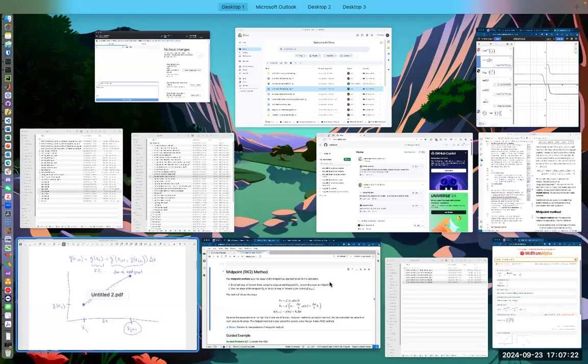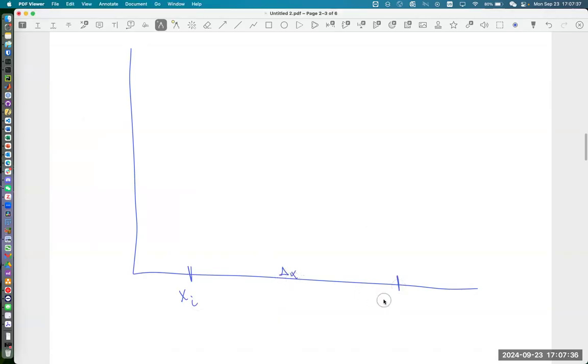I think to illustrate that, we're best to look at a problem. So here, same as before, we have x of I, and then with the dx separation, we have x of I plus 1. So what the midpoint method does is that we already know an initial point, x i, y of x i, and we know already the slope.